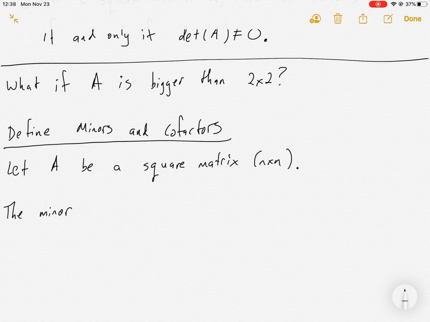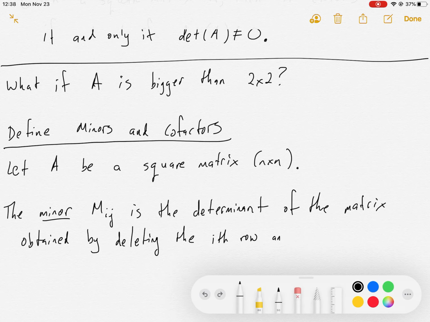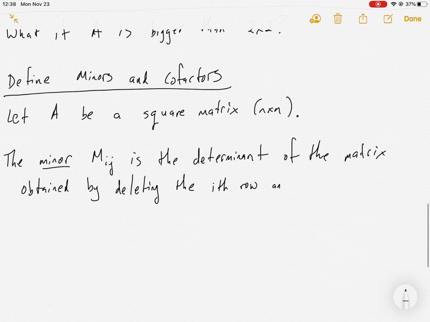We're going to define the minor, which I'll call Mij, is the determinant of the matrix which is obtained by deleting the ith row and jth column of A.